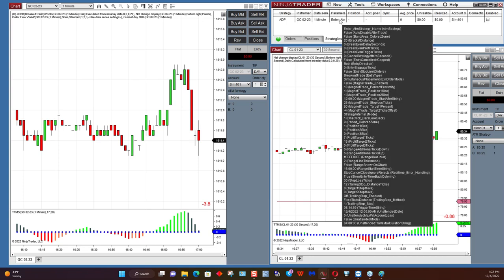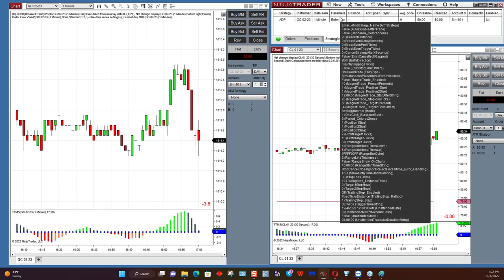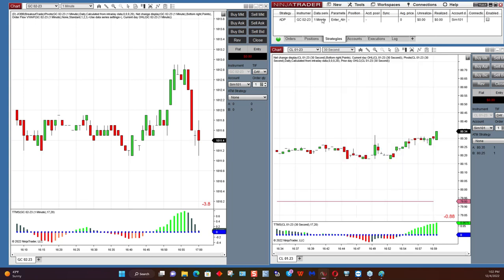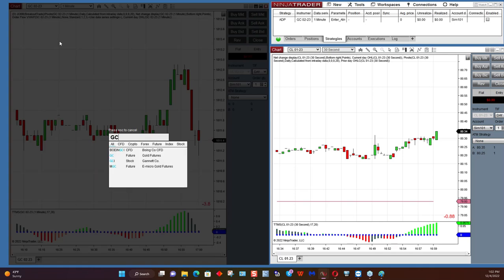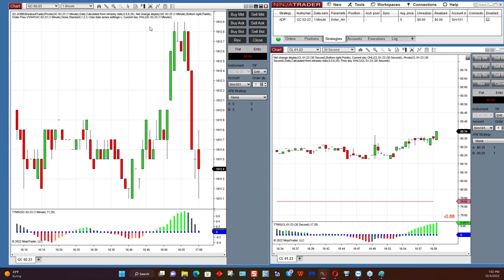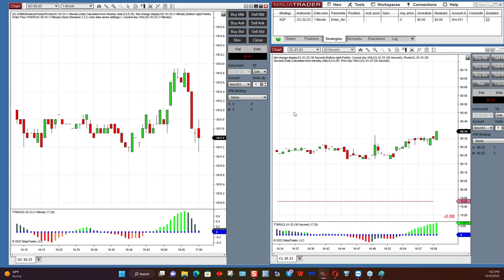This information is information that the program just gets from the platform. You're changing the instrument, right? You did that on the chart, right? We chose gold. So your instrument should be correct. You entered it. You made sure your chart was on the right instrument. And the enabled button will turn the trade on. So when you get ready for the trade, you're going to click the enabled button.